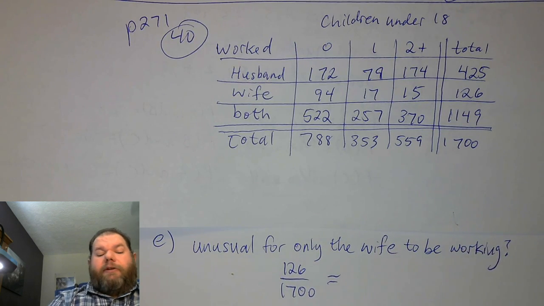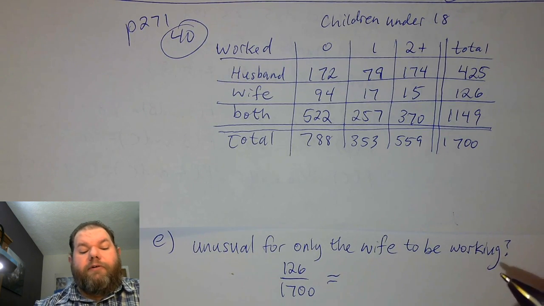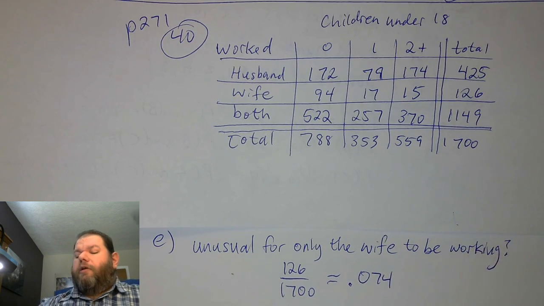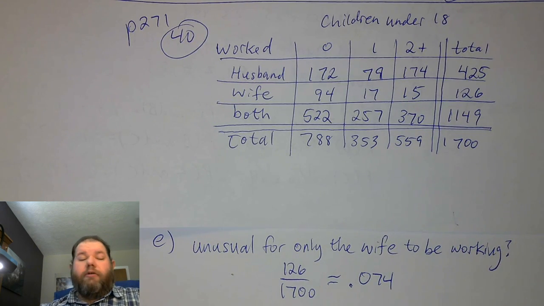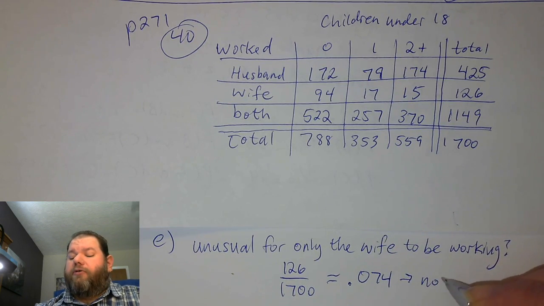And that comes out to be 0.074. And so the question is, is that smaller than 5%? Well, no. This is actually 7.4%, so it's bigger than 5%, and our conclusion is not unusual.